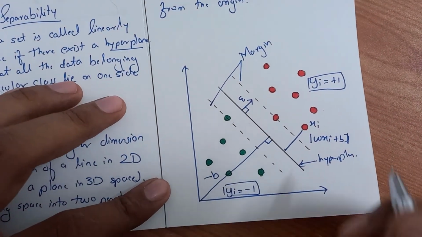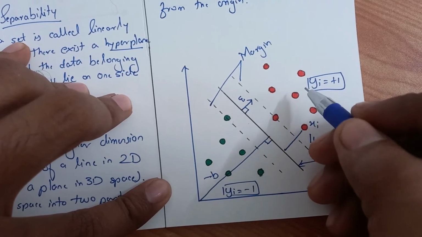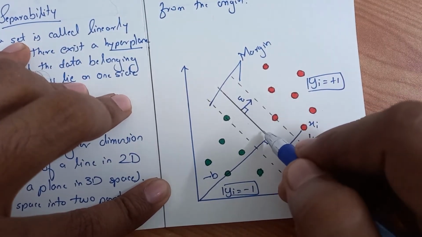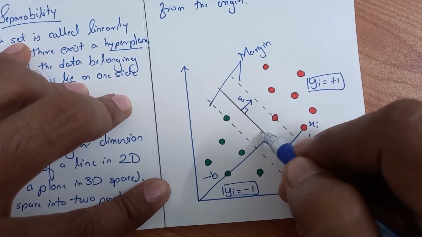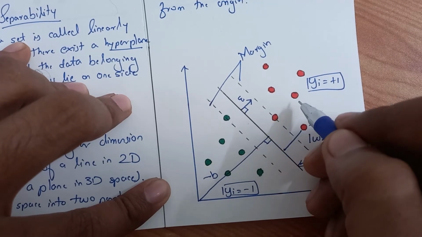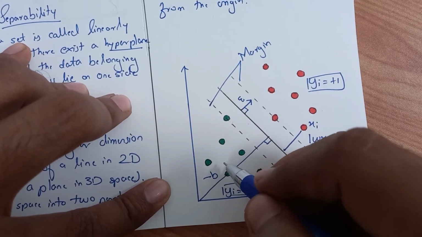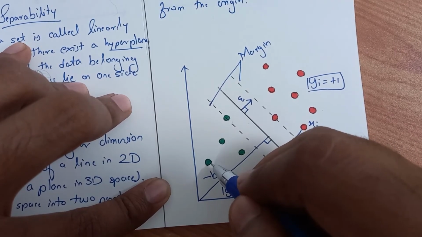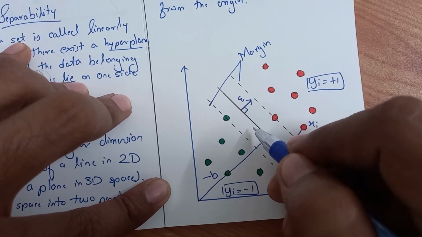The reason is, if you calculate the distance of every particular point here, suppose for this particular point the distance to the hyperplane, you have the coordinate for this point and the coordinate for that point, you just subtract, and of course you will get the answer in positive. Same approach you can follow on the other side also, but here the coordinate for this point will be much less than the coordinate of this particular point of the hyperplane, so of course you will get the answer in negative.